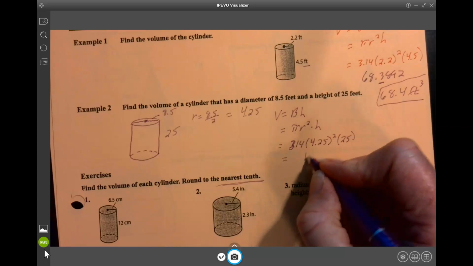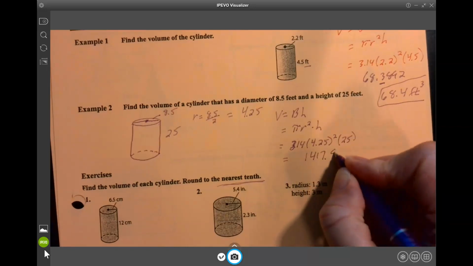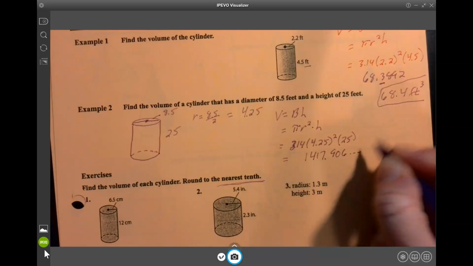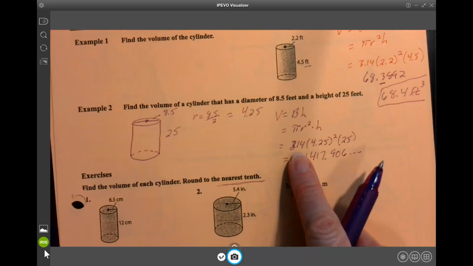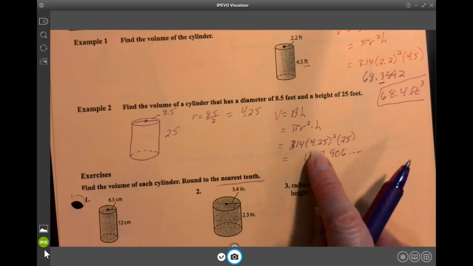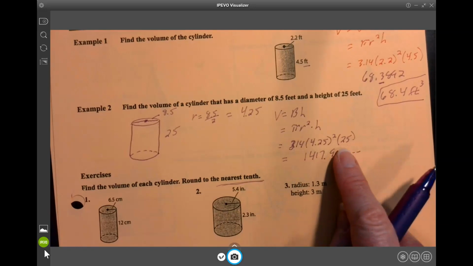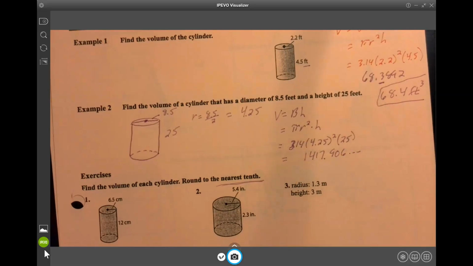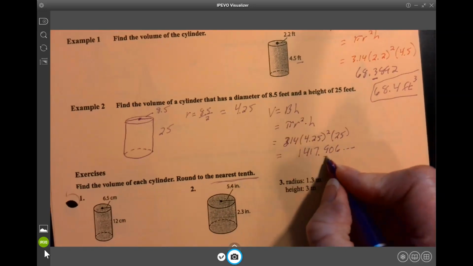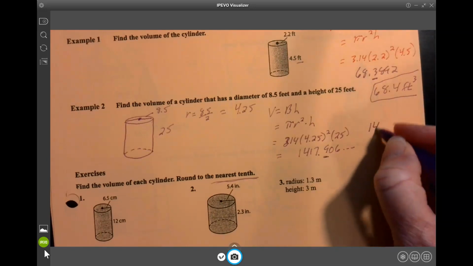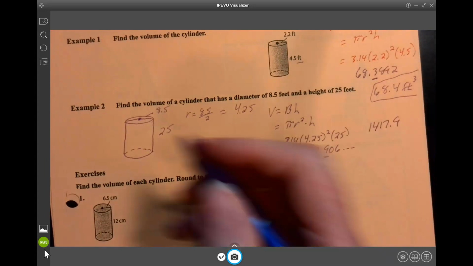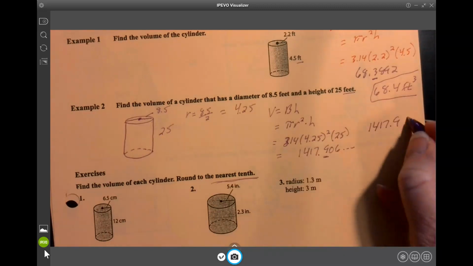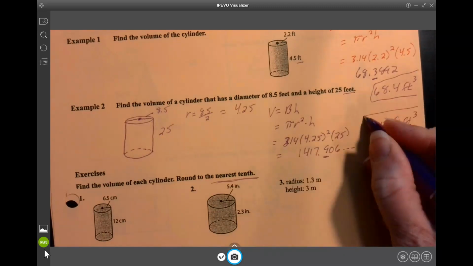Okay, this is a big number. I'm going to double check that. I got it twice, so we're going to go with that. Round to the nearest tenth. So it's going to be 1,417.9. What are we? Feet. We're volume, so we're cubed.